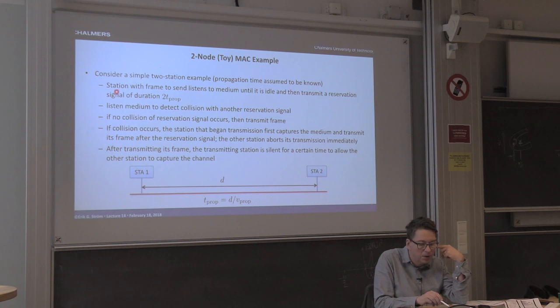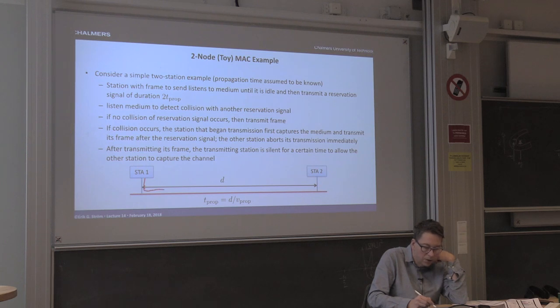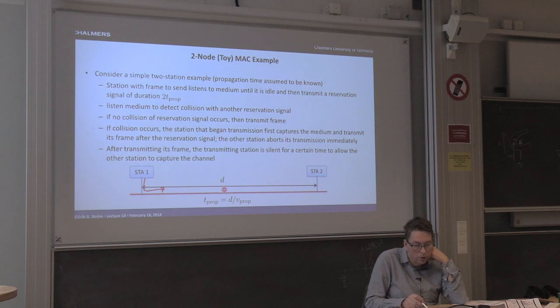At the same time as station number 1 starts to transmit its reservation signal, which then propagates fast to the right here, but it takes some time before it reaches the destination, it also listens to the medium to hear whether there is maybe a reservation signal coming the other way.